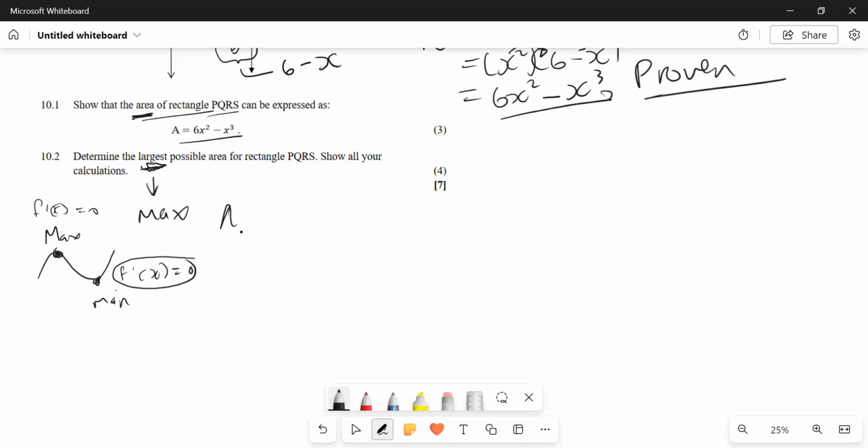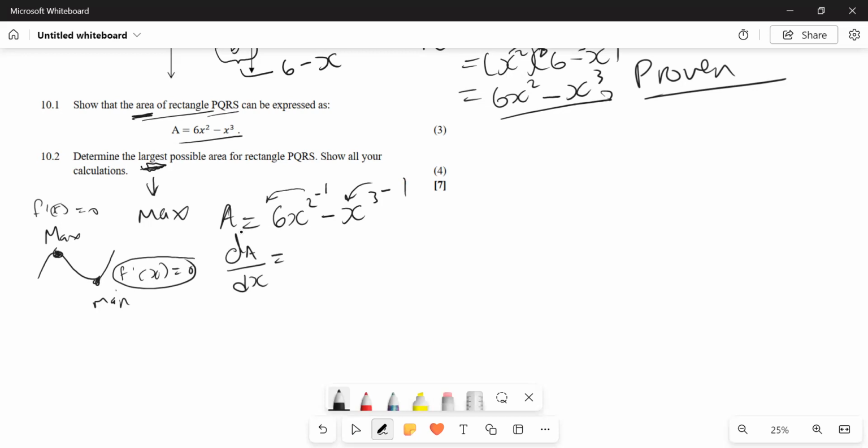They give us the area as 6x squared minus x cubed. Now we need to derive that. We have the derivative of A with respect to x. We drop down 2 and subtract 1, and drop down 3 and subtract 1 as well.